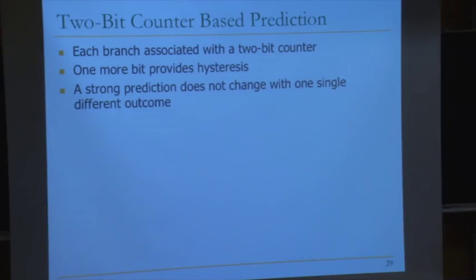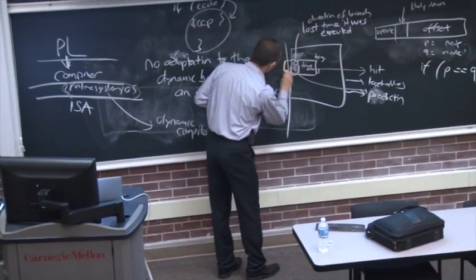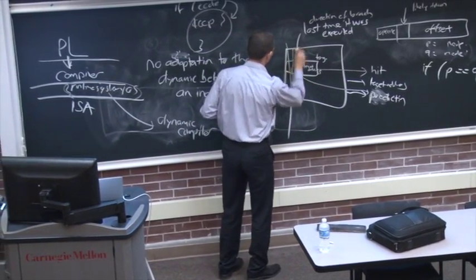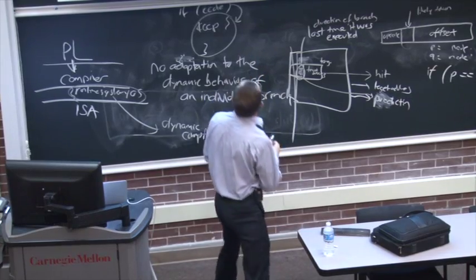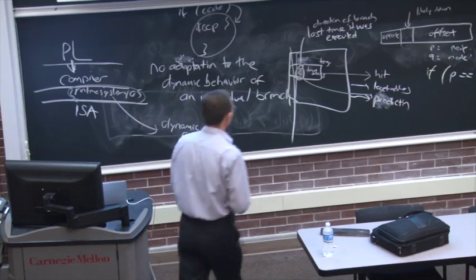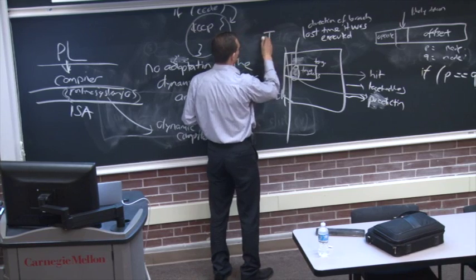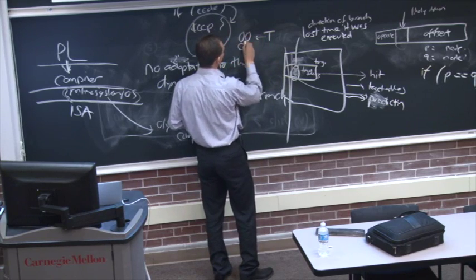So what is the idea? Instead of having a single counter for each branch, have a 2-bit counter. Now we're going to add 1 more bit here. And now if you have a strong prediction, you encode the taken state as, for example, 0, 0, 0, 1.